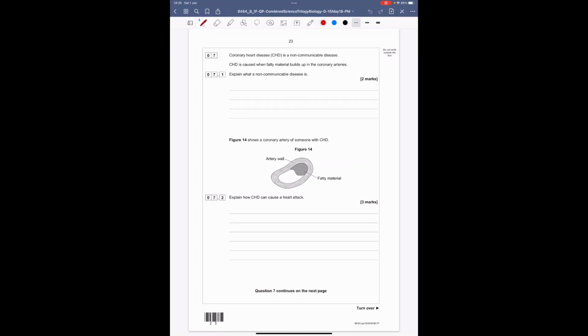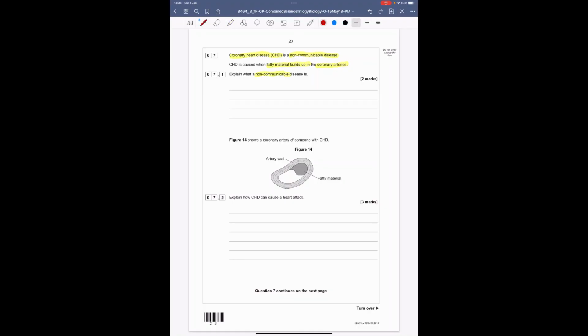Okay, so the final question on this paper is about coronary heart disease. It says coronary heart disease, CHD, is a non-communicable disease. CHD is caused when fatty material builds up in the coronary arteries. Explain what a non-communicable disease is.